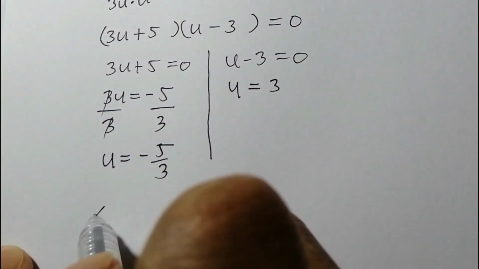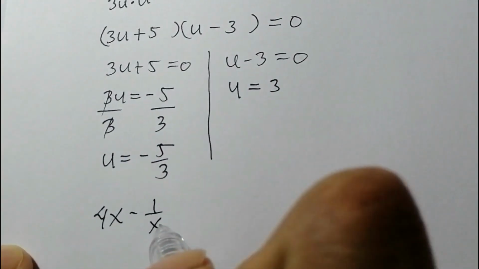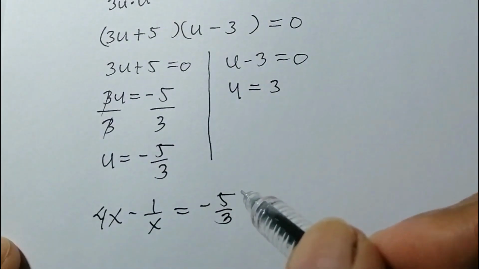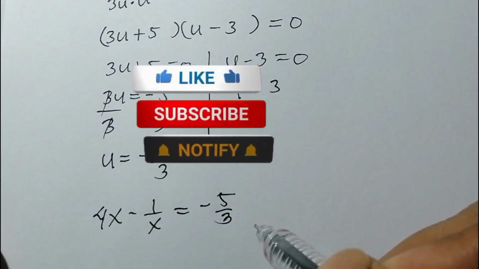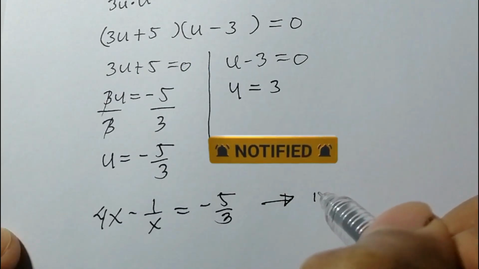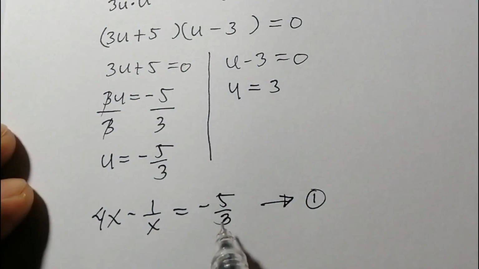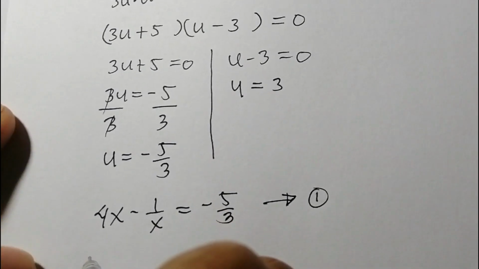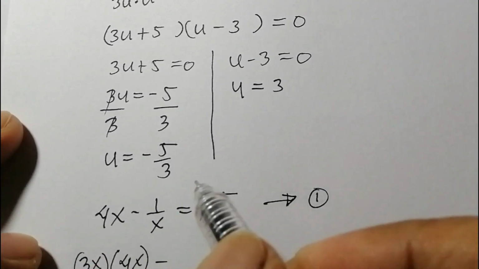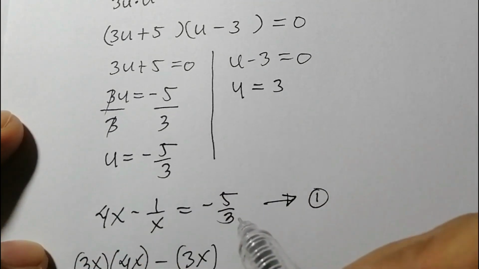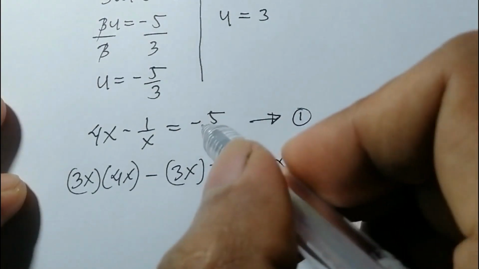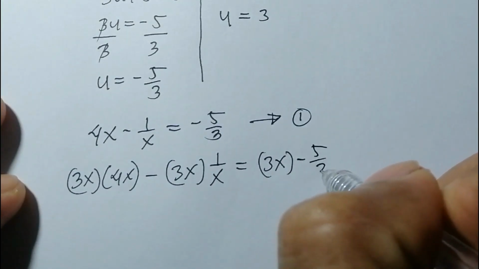So let's write 4x minus 1 over x is equal to negative 5 over 3. We are going to multiply the denominators 3 and x to all terms, so here we multiply 3x to each term. So this will be 3x times 4x minus 3x times 1 over x is equal to 3x times negative 5 over 3.